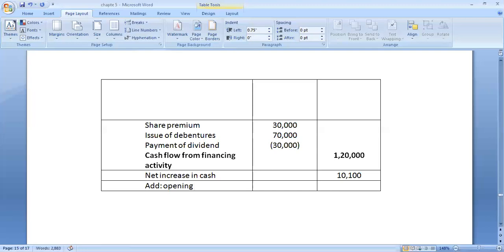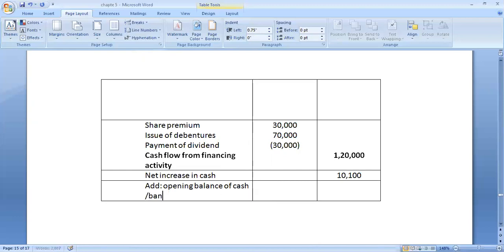opening balance of cash or bank. So what is the opening value which is given in the question? It is 34,200. Add back to this plus 34,200.